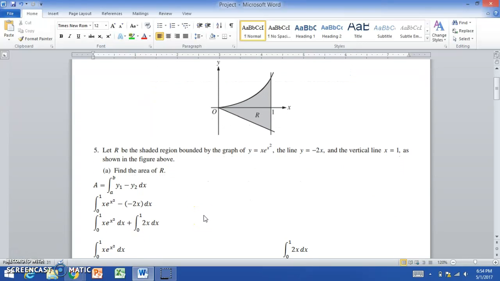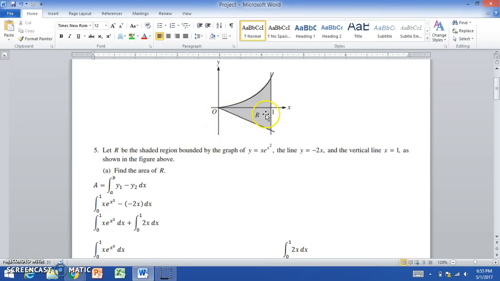Now to find the area, we must take the integral over an interval from a to b of the top function, which is x times e to the power of x squared, minus the bottom function, negative 2x.